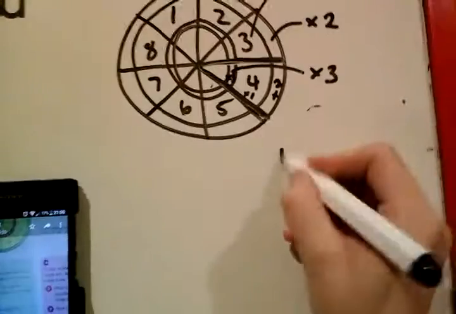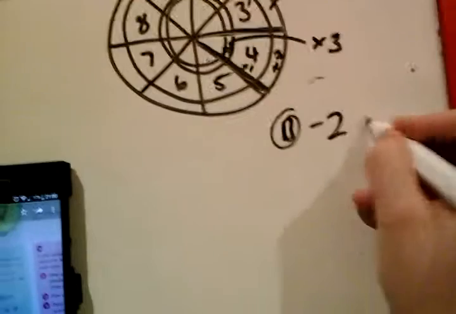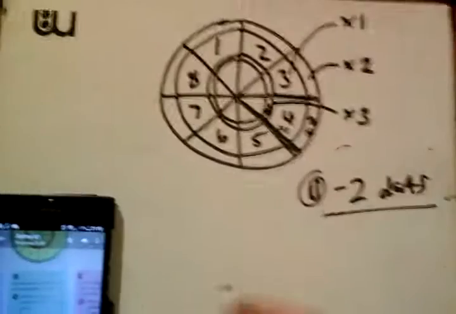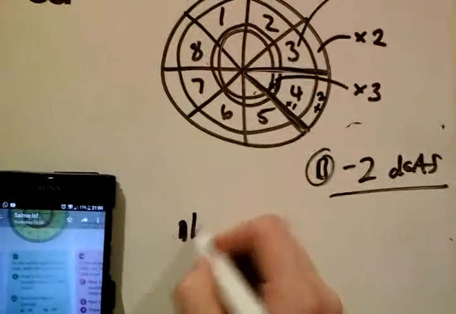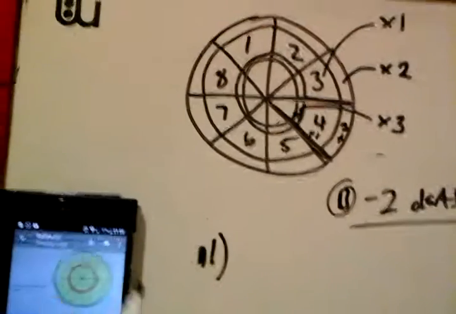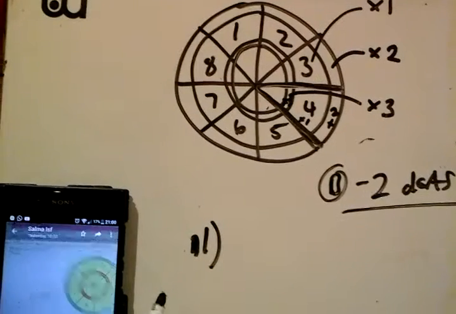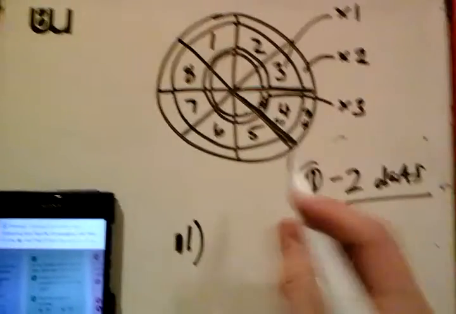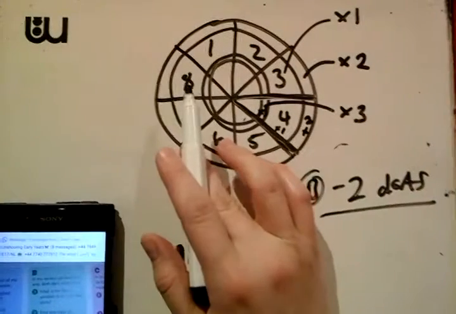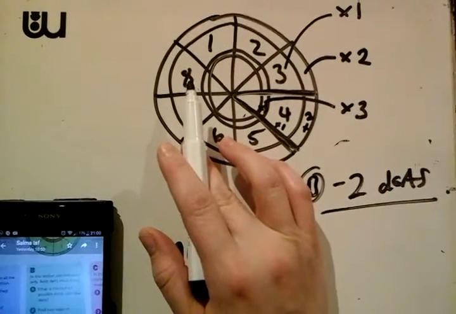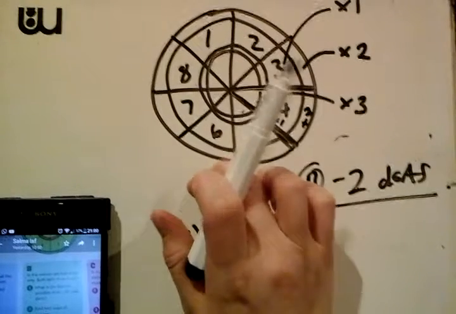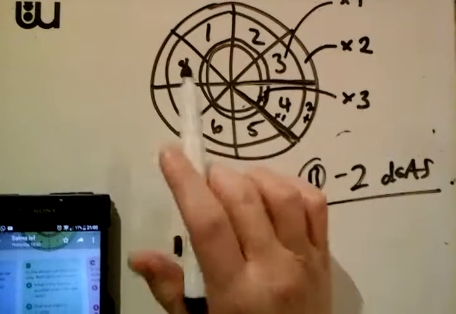Right, for section B, we use 2 dots. Be very careful now, 2 dots. So B1, what's the highest possible score that you can do? We know B1 is 2 dots.